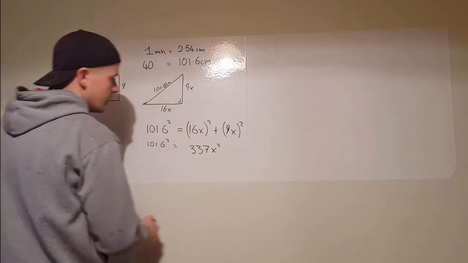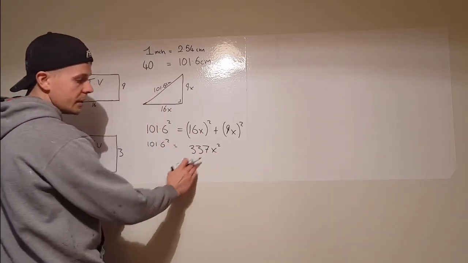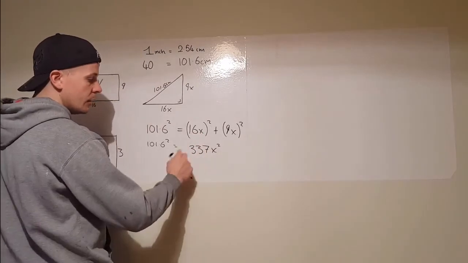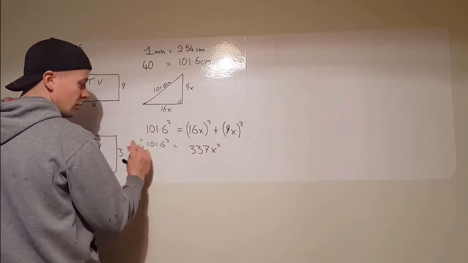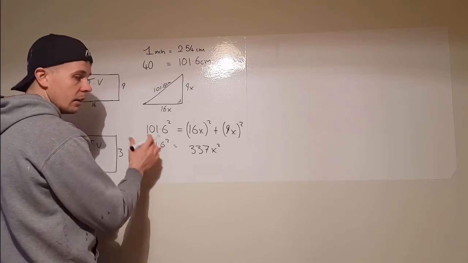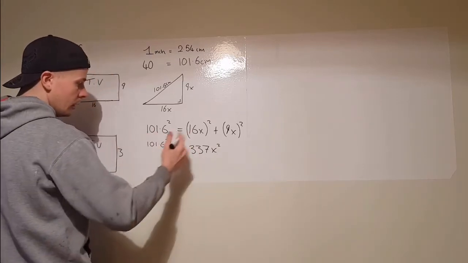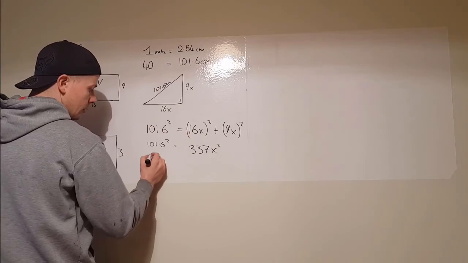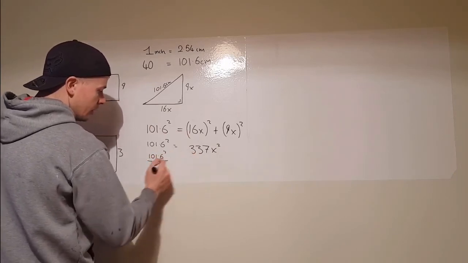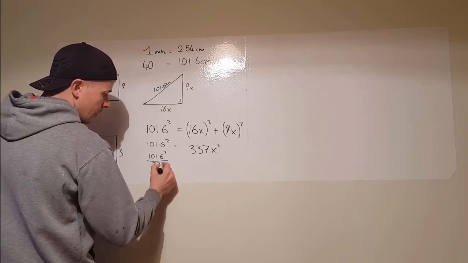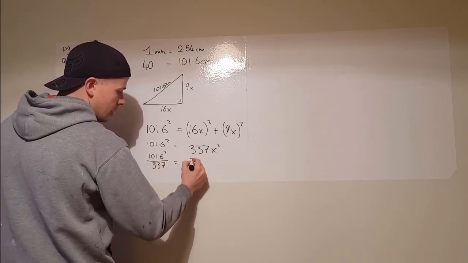What is my x squared? Well, I don't care what 337 of them are, I want to know what a single one is. So if I divide both sides by 337, I'll get what x squared is. I'm just going to leave this as this, and I'm going to put it into the calculator at the end rather than having a big number out here. So 101.6 squared, divided by 337, will be equal to your x squared.